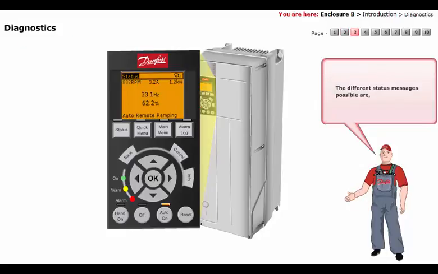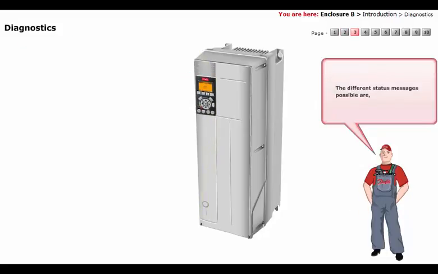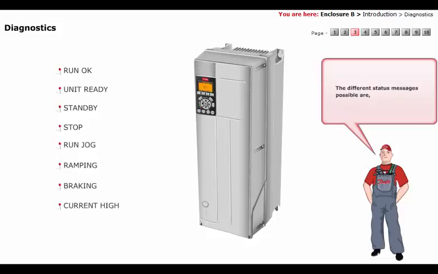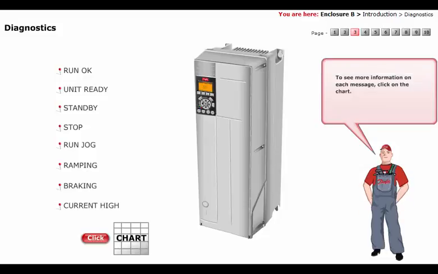The different status messages possible are run OK, unit ready, stand by, stop, run jog, ramping, braking, current high. To see more information on each message, click on the chart.